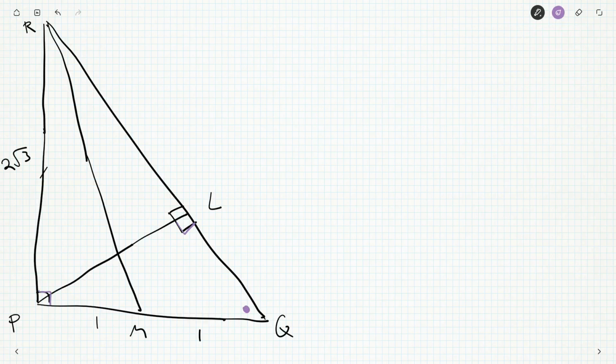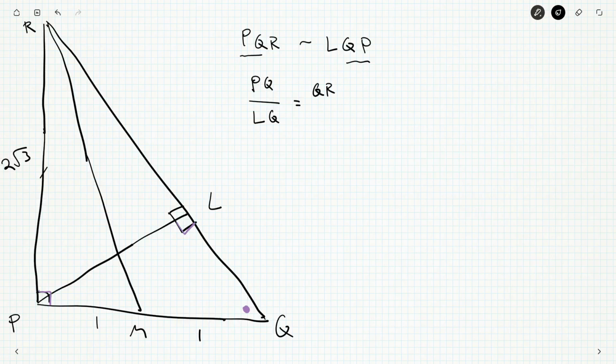So I think we can observe that triangle PQR is similar to, and you've got to make sure you get the angle right, it goes from the right angle to Q, so we'll go L, Q, P. And if we have these similar triangles, then we can say things like PQ over LQ is the same as, and the nice thing about this one is it has PQ in both places, QR over QP, which is just PQ.